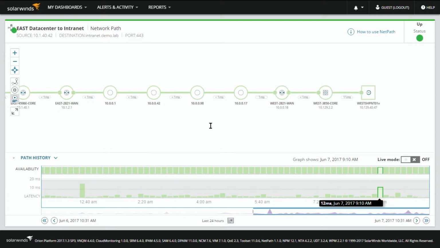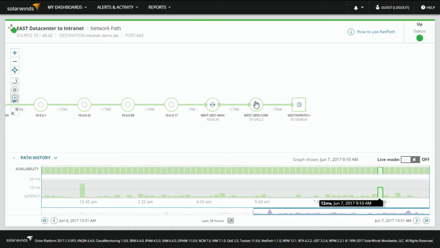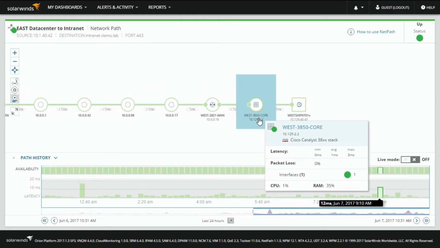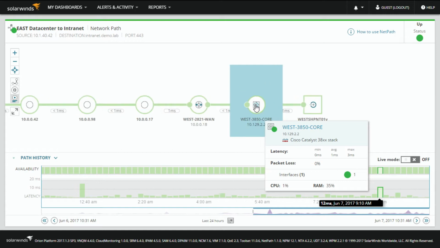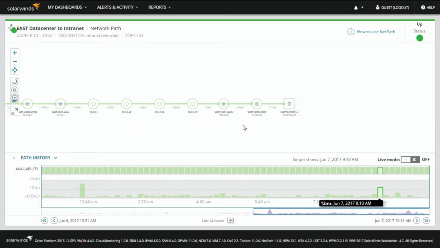All of the transit all the way up to the last network node looks fine. So something's going on between West 3850, which is a multi-layer switch, you can see from that icon in there, and this server. Could be on my egress port, could be on your device. It's not packet loss, it's latency, so it's probably not the cable, but something's going on right in that last hop.